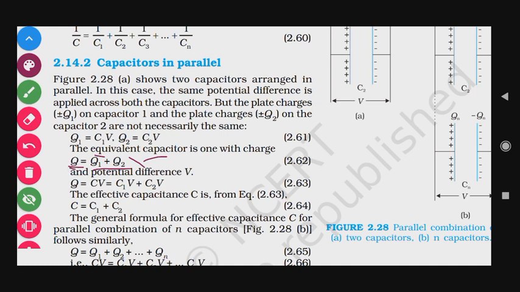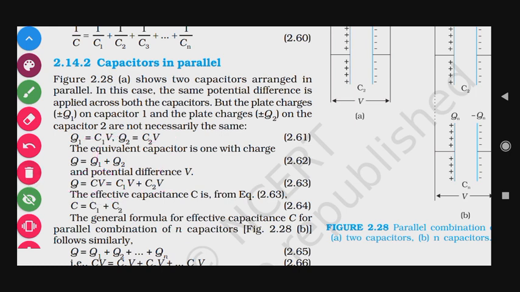Now I will put the formula values of q1 and q2: C1V for q1 and C2V for q2. For the equivalent capacitor, I can write the charge is equal to total charge q, so it will have C times V, because it has the equivalent capacitance C and the same voltage.